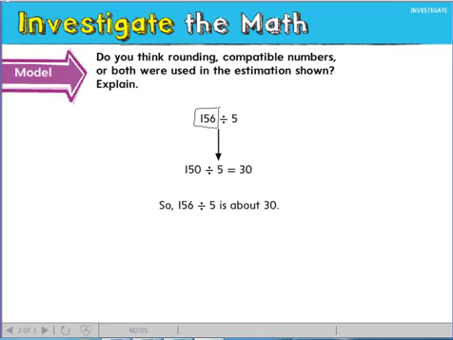Right, because if we do 150, we take our 0, we throw it over here in our answer, and we say 15 divided by 5 equals 3. We're done. Okay? That's a compatible number. Numbers that are easy to work with. So in this case, 156 divided by 5 is about 30.